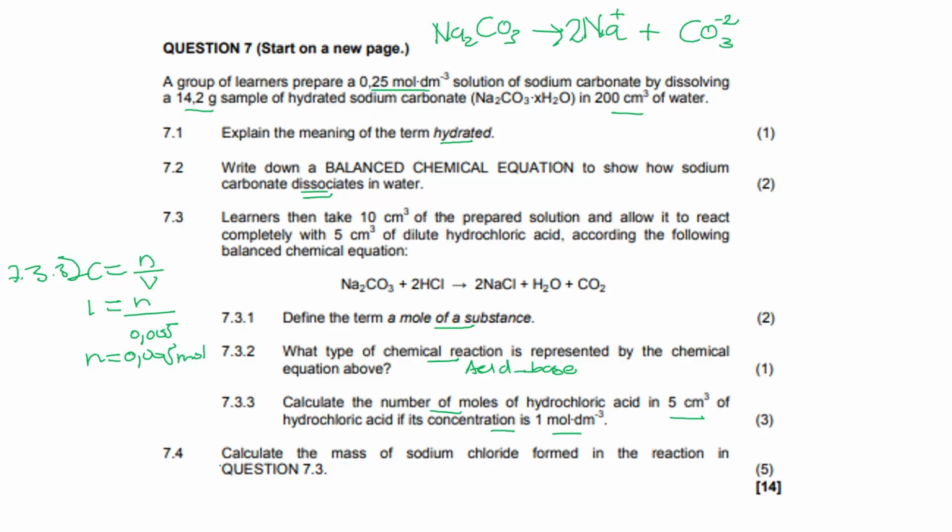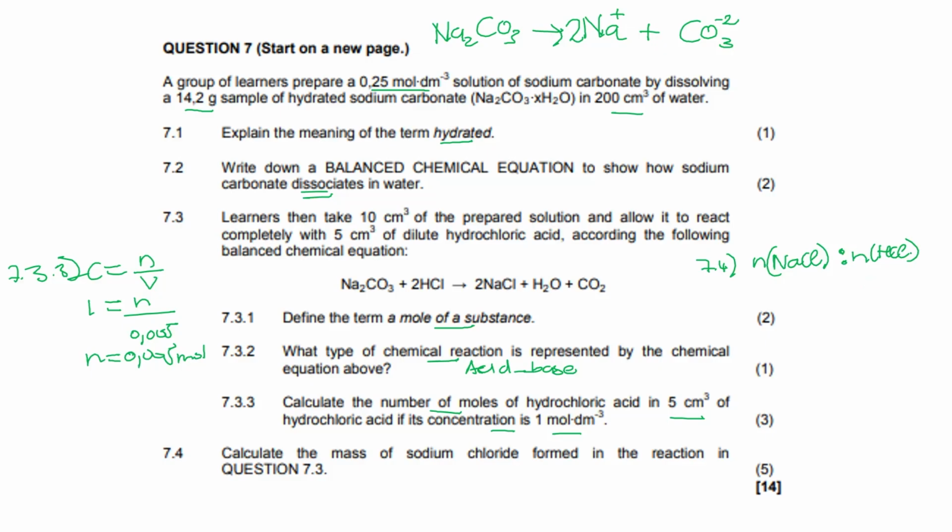Then last one, 7.4. Calculate the mass of sodium chloride formed in this reaction, 7.3. Okay, so we have the number of moles. We are looking for the number of moles of sodium chloride, and we have the number of moles of hydrogen chloride, which we had just been given as 0,005.